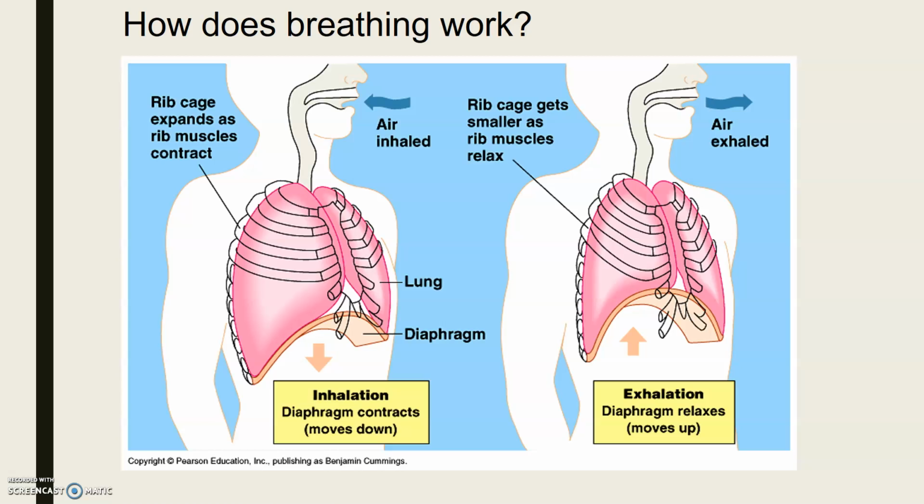As we explained in the previous slide, our diaphragm and rib muscles contract, the diaphragm moves down, the intercostal muscles of the rib expand our chest, air flows in from high to low pressure, and then when we're exhaling on the right side here, we relax our diaphragm, that moves it up, the rib cage gets smaller as the rib muscles relax, and this causes air to be pushed out from high pressure in the chest cavity now to low pressure of the outside air.